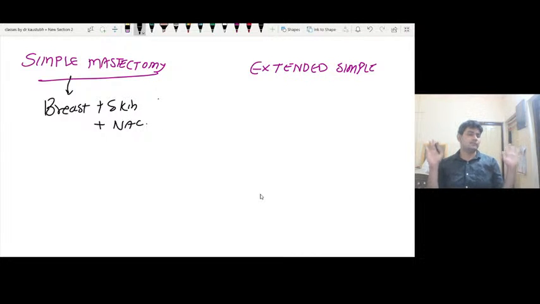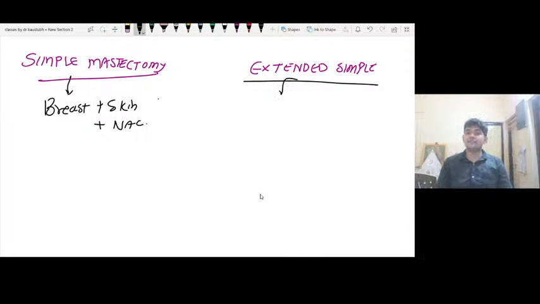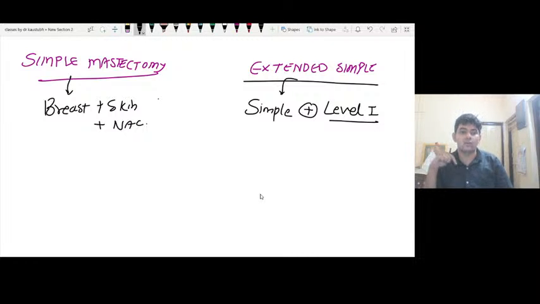No touching the lymph nodes, no touching the blood vessels, no touching the nerves. What is extended simple? Extended simple is simple mastectomy along with removal of level 1. Just remove level 1 along with breast, skin and NAC. That will be called an extended simple mastectomy.